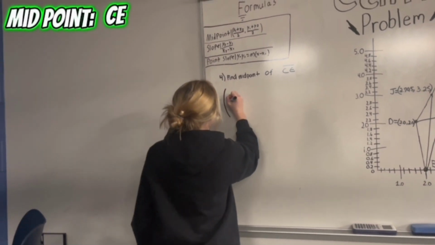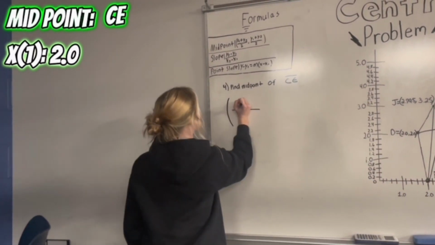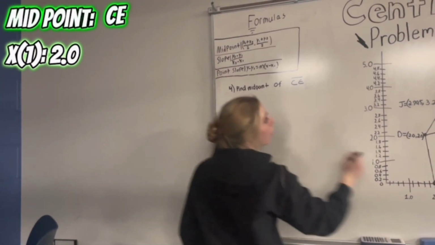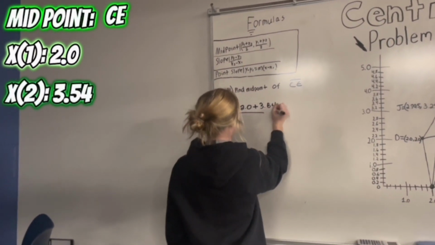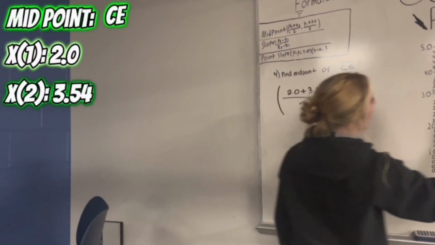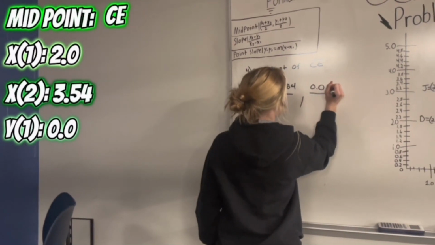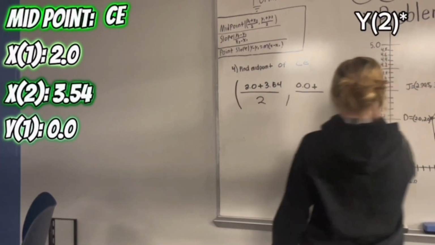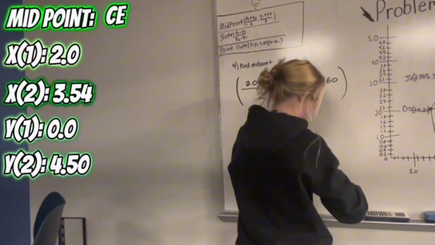To set that up, we put our x1, which will be 2.0, plus our x2, which is 3.54, divided by 2, and then we do our y2, which is 0.0, plus our y1, which is 4.50, divided by 2, and then you put that in the calculator.